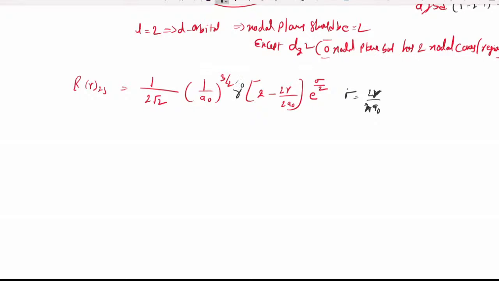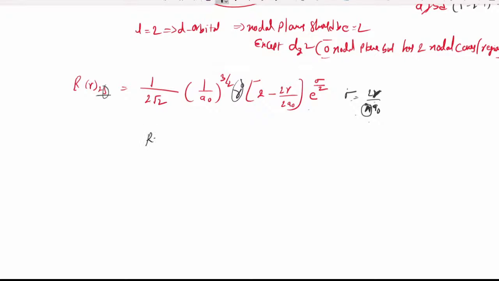Nothing is there. R power 0 means it must be an s orbital. Number 2, e power minus Zr by n a naught, I am given n is equal to 2, that is why it is a 2s orbital. Okay, you put that aside, I am not requiring that.